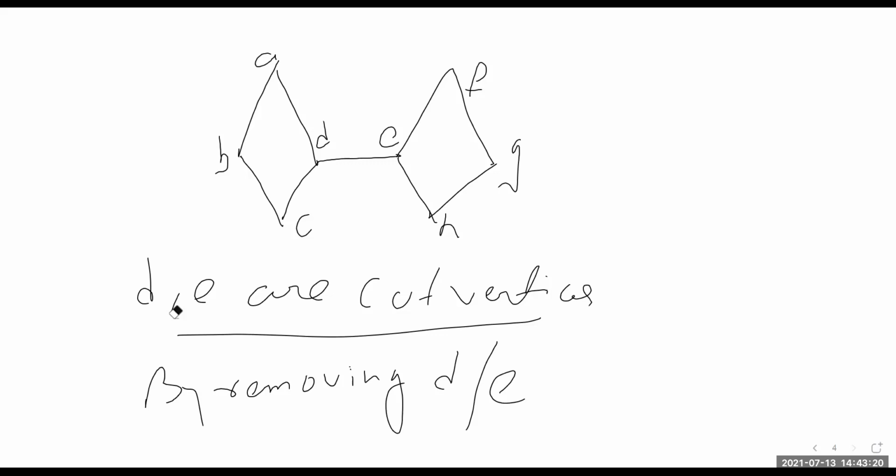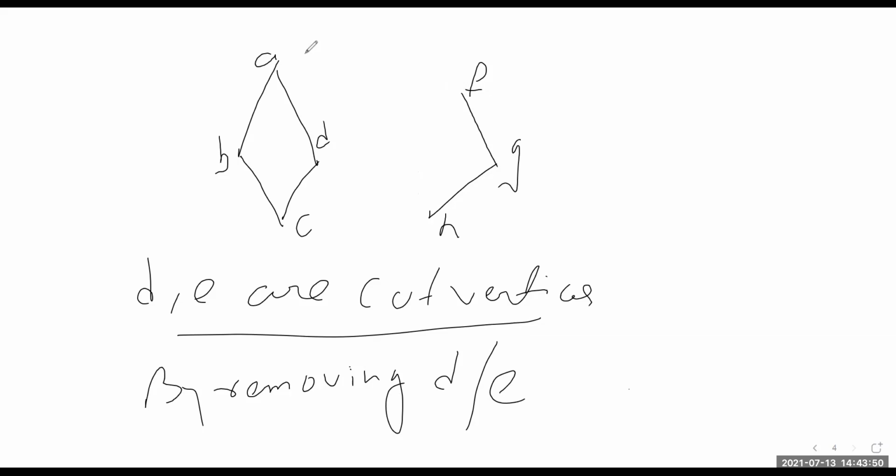We'll see how. Let's remove E. I'm erasing E. The vertex is erased, so all its connected parts will be erased. It will look like this, where F, G, H could be there.